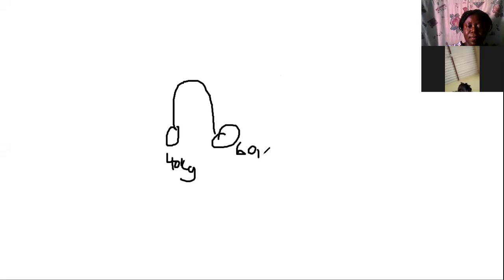Okay, this is how they are saying we have something connected. We have two masses. We have a mass 1 which equals 40 kilogram, and we have a mass 2 connected on this side, which equals 60 kilogram.